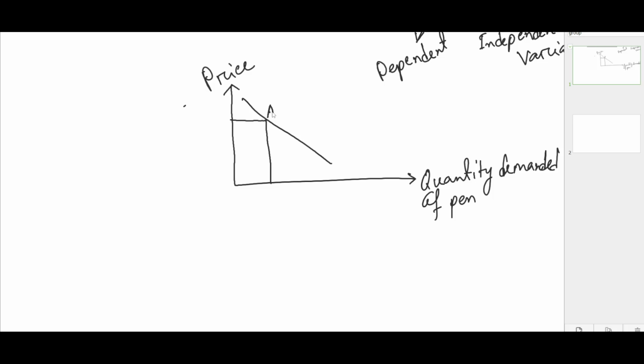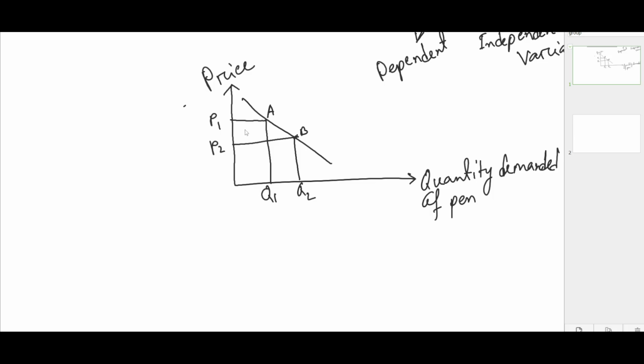Suppose this is point A and this is point B. At point B, the price is P2 and the quantity is Q2, and at point A, the price is P1 and the quantity is Q1.